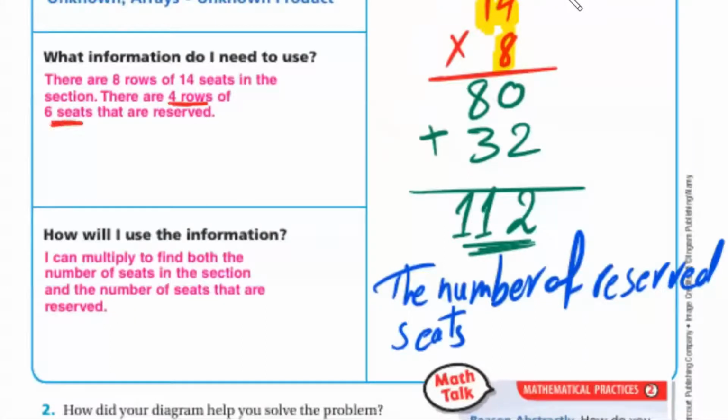Multiply with me. 4 by 6 equals what? Equals 24. So the next step, you have to subtract to get the answer.